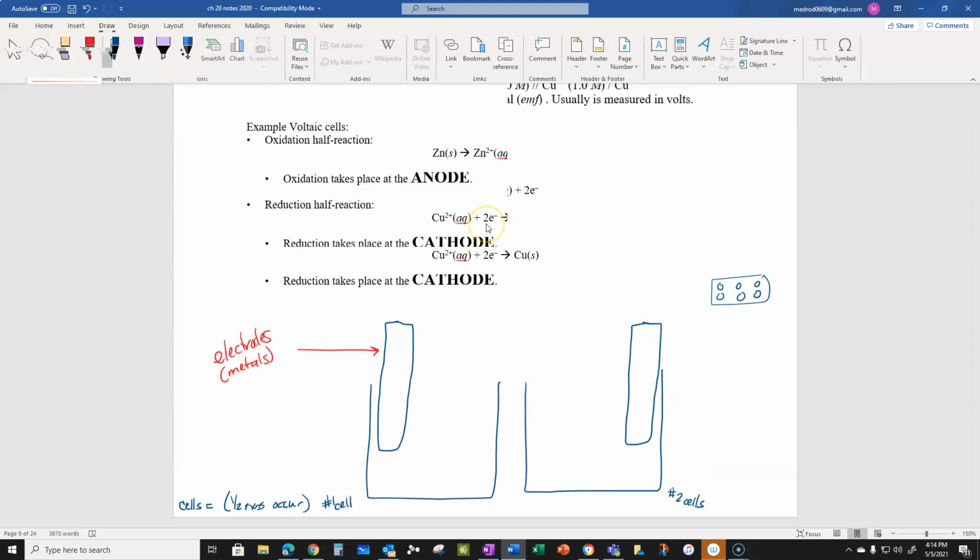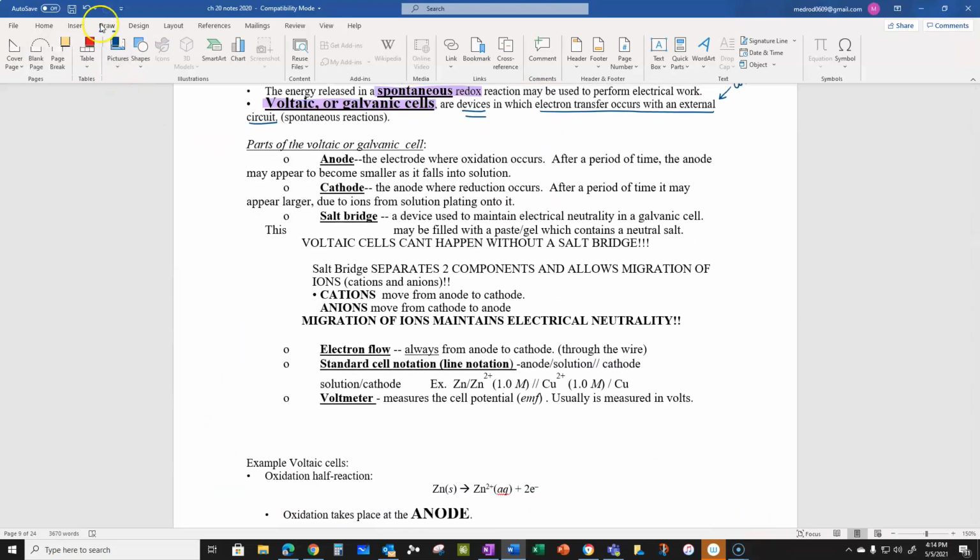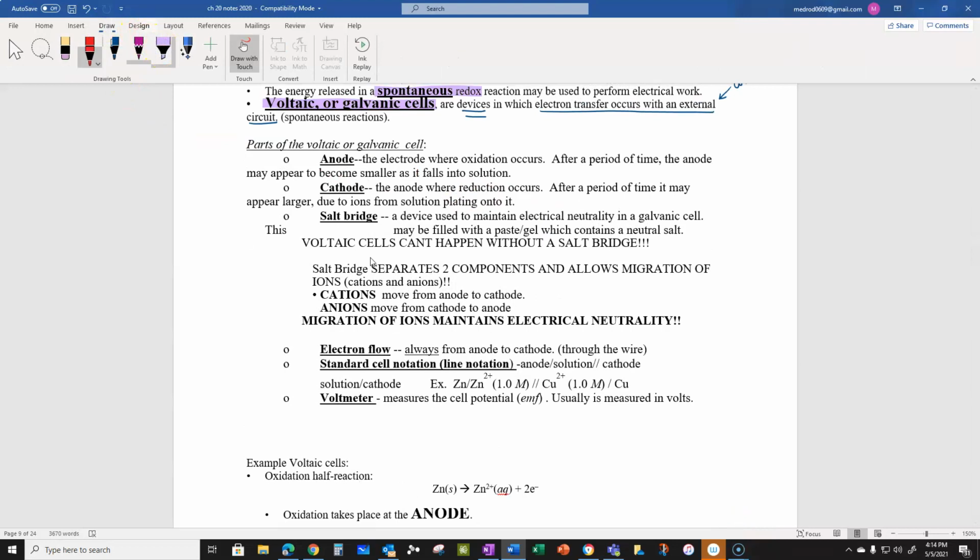Now, one of these electrodes is the anode, and one is a cathode, okay? So I'm just going to call it A and C. Now, what do we know about an anode and a cathode? Well, an anode is where oxidation occurs. And what happens is if oxidation is occurring here, that means that this piece of metal is losing electrons. And you don't ever think of it, ladies and gentlemen, but remember, electrons, they have mass.